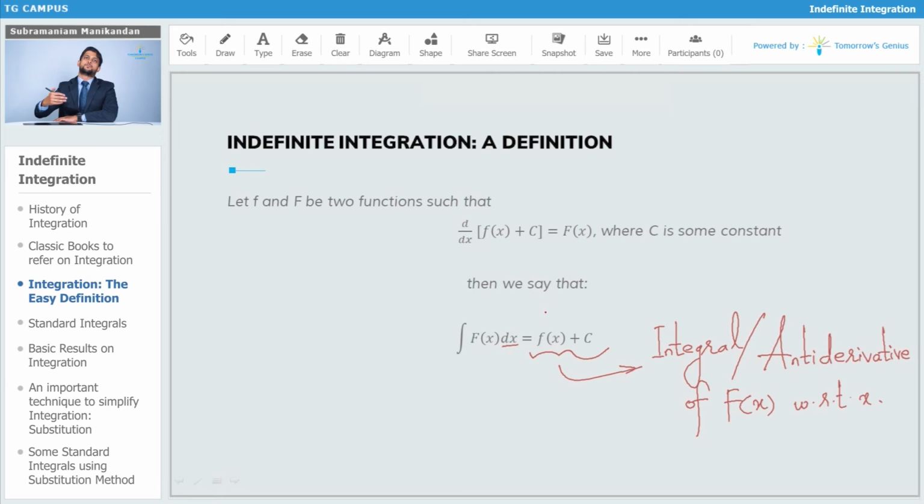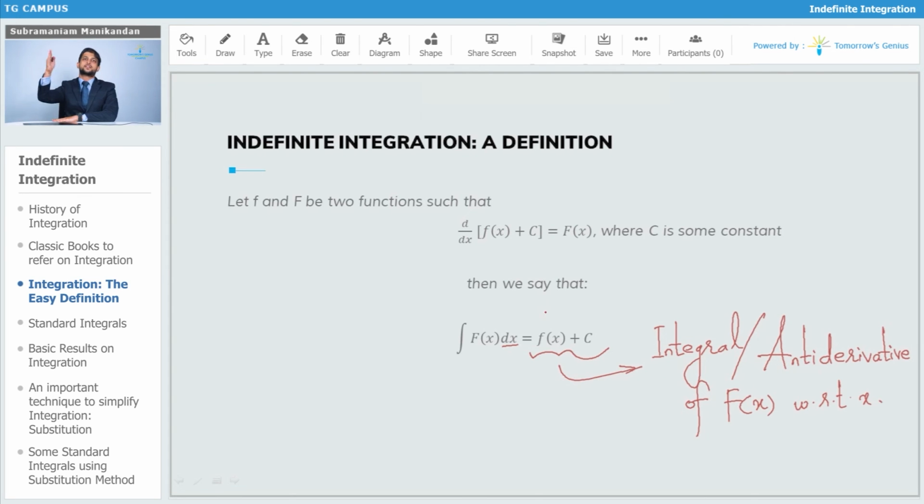This is just put there to be safe, because that is the more mathematically thorough way to put it, because we know that the derivative of c is going to be 0 anyway. So what if f(x) is accompanied by a constant? Whether it's a positive constant or a negative constant, the derivative of this constant is going to be 0. So why not put it as capital F(x) plus c?